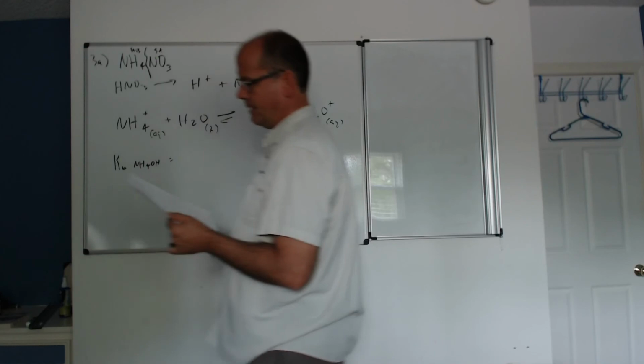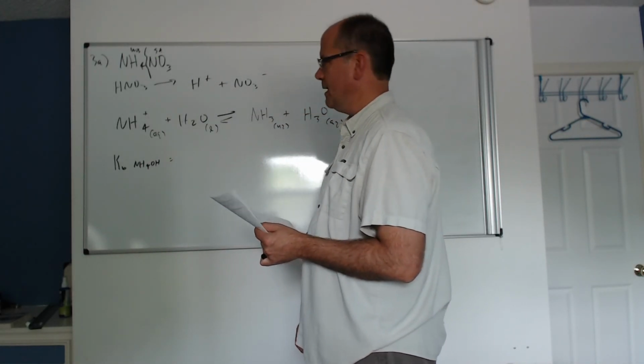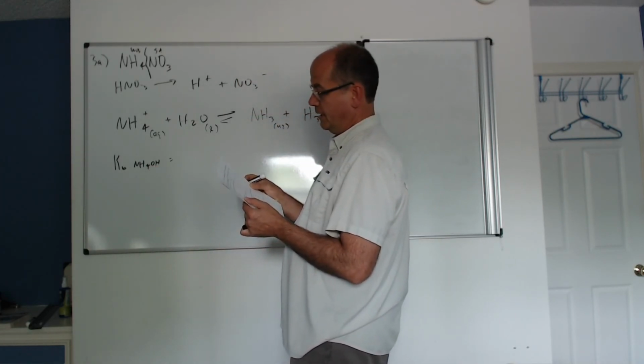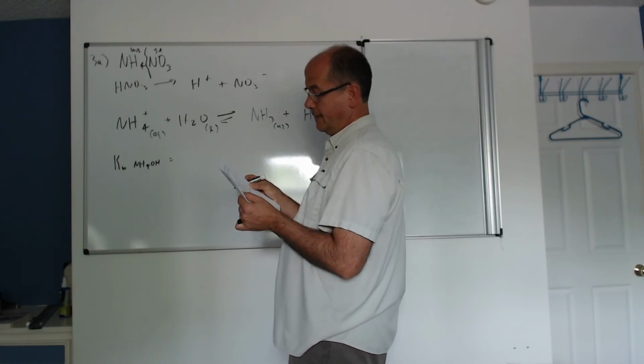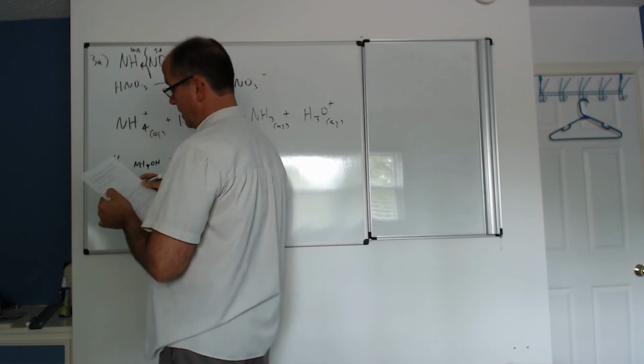You just look that up online or in the Master in Chemistry text. I had looked it up earlier, and the Kb for NH4OH is 1.8 times 10 to the minus 5.